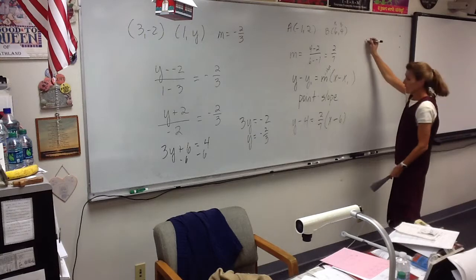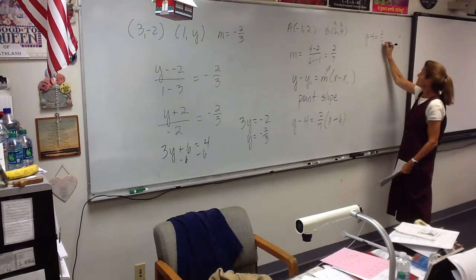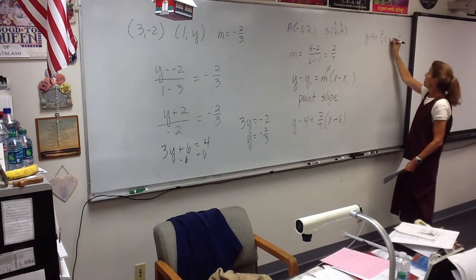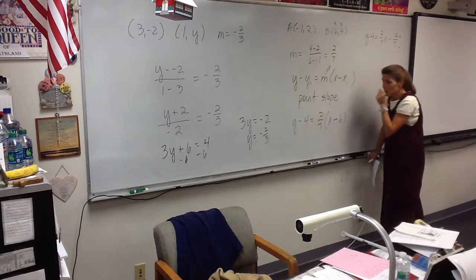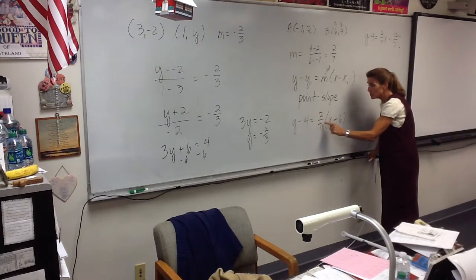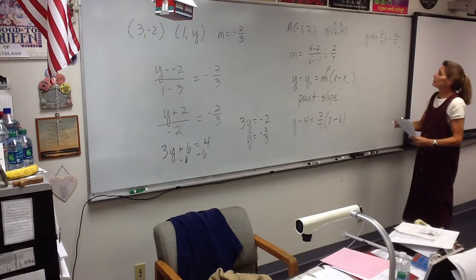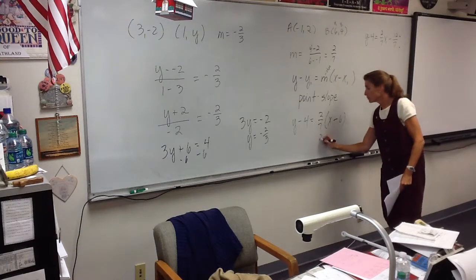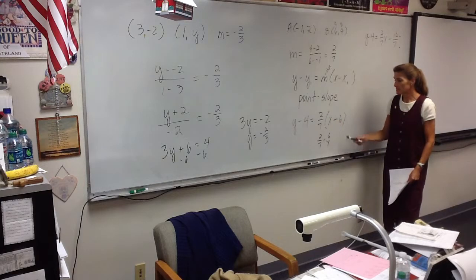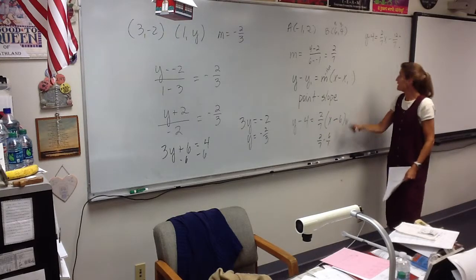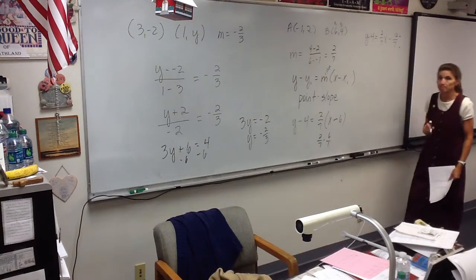And now I have the equation y minus 4 equals 2/7 x minus 12/7. For those of you that are confused, remember, when you multiply 2 fractions, 2/7 times 6/1, you're going to get 12/7. Take top times top, bottom times bottom.